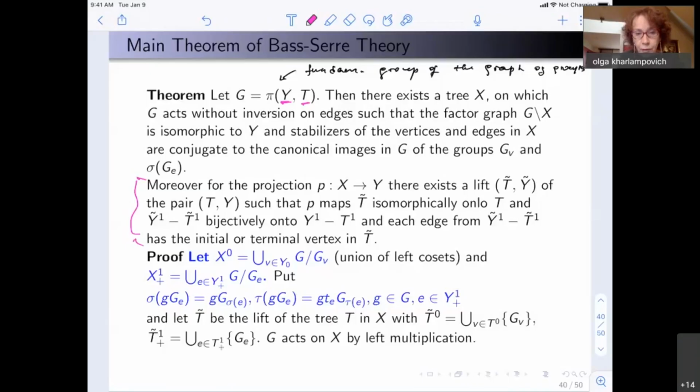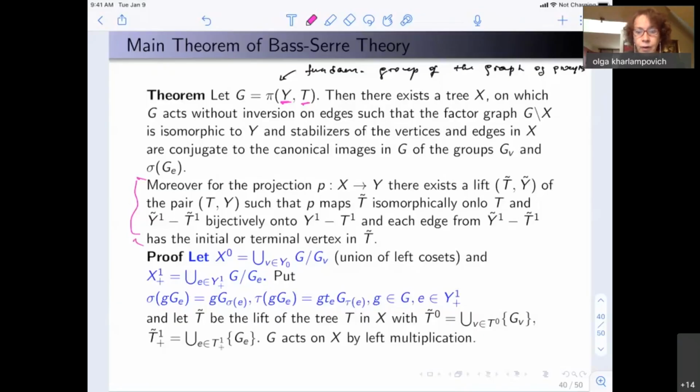Now, sigma of left cosets, so sigma of this edge, sigma of gG_E, is going to be the left coset of the corresponding vertex group, G of sigma E, with the same representative.